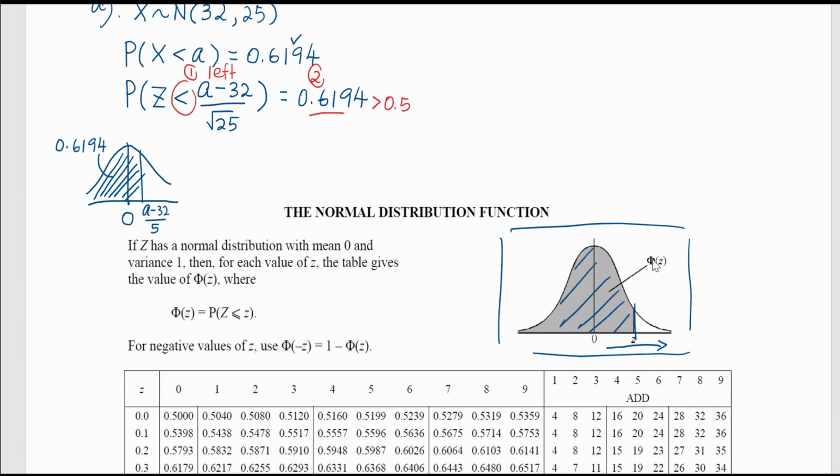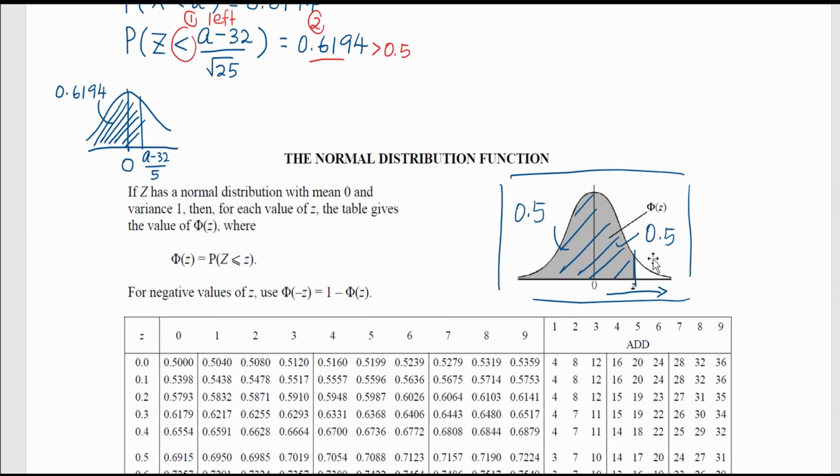And since this bell-shaped curve is symmetrical and the area under the curve is probability, the total must be 1. All right. Hence, the left-hand side must be 0.5. The right-hand side also must be 0.5.